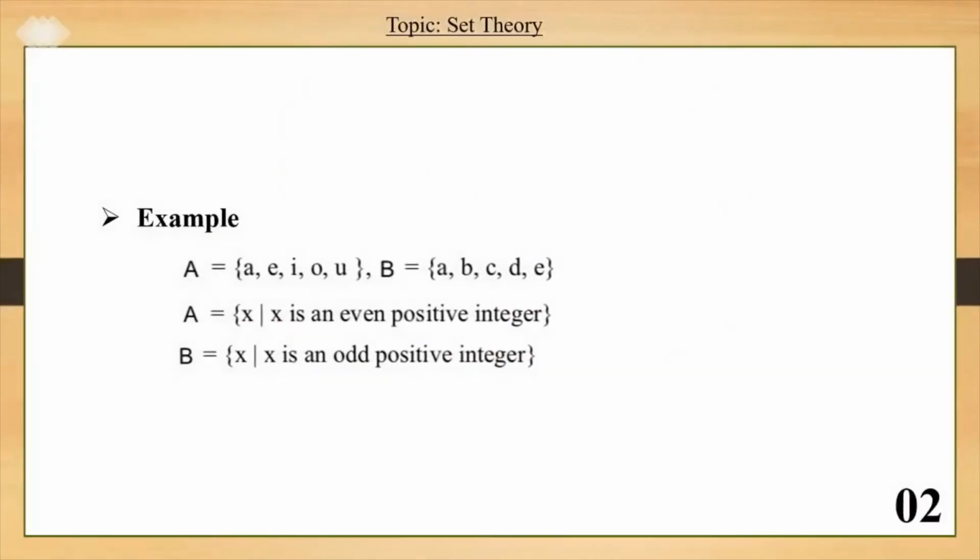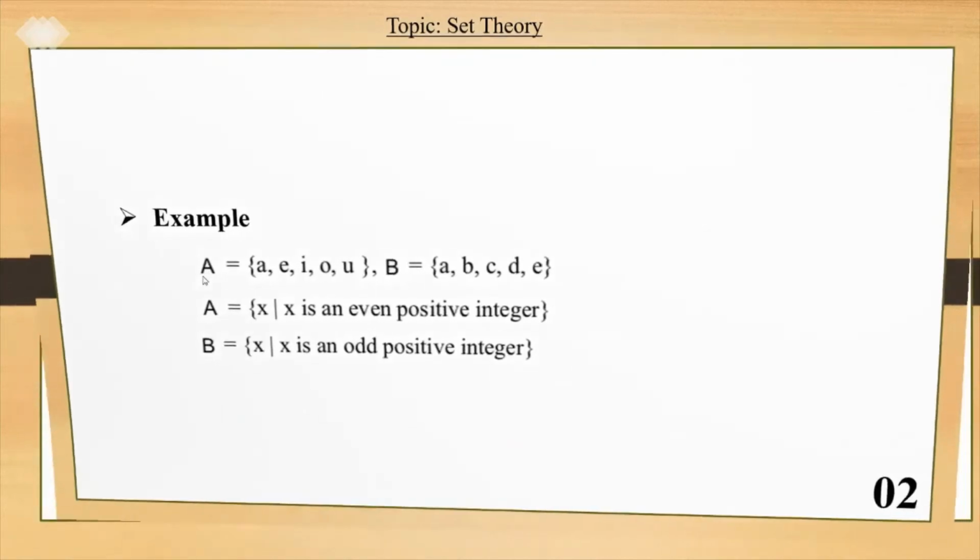Mainly we define a set in some ways, either in roster form or set builder form, and the letters used to represent a set are capital letters: capital A, B, C, D, E, etc. What is roster form?